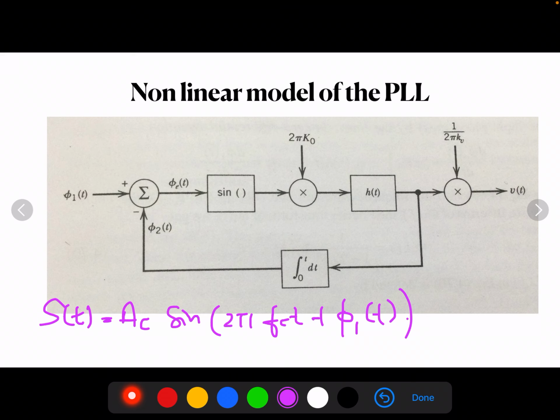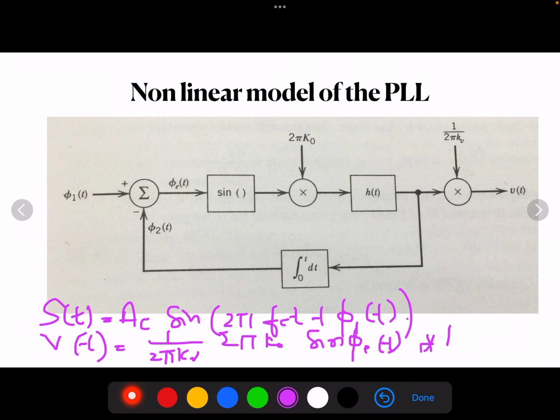When we do the mathematical calculation, we land up in an equation wherein v of t, that is the output voltage, is equal to 1 over 2 pi kV into 2 pi k naught into sine phi of t convolved with h of t.